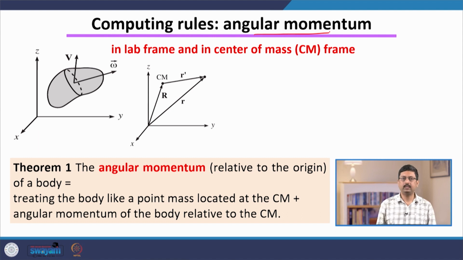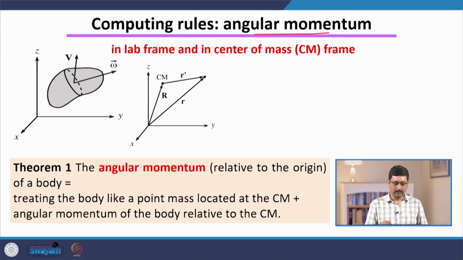Again, this is the same strategy we are going to use: the object is moving and its angular momentum will have two pieces. We want to compute the angular momentum in the laboratory frame, the lab frame. In this very general setting, it is true not only for the case where the direction of angular velocity is fixed, but also where the direction of angular velocity can change.